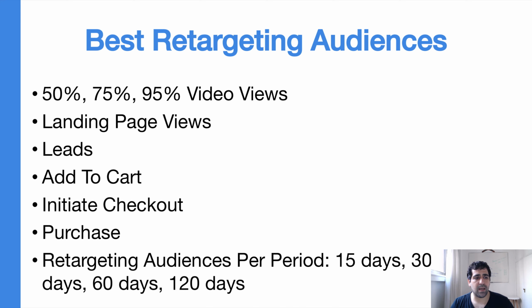And you can use different retargeting audiences per periods. Let's say people who have purchased in the last 15 days, in the last 30 days, 60 days, 120 days, the same thing with the leads.